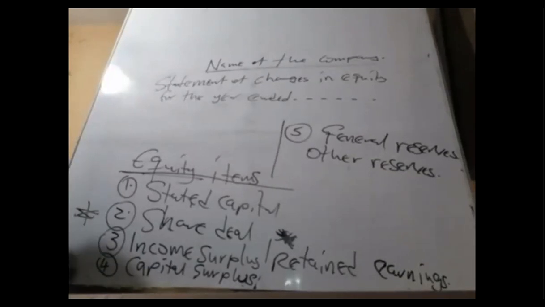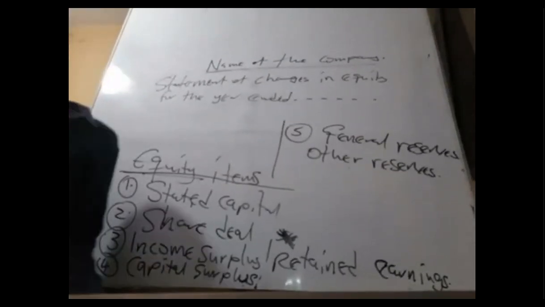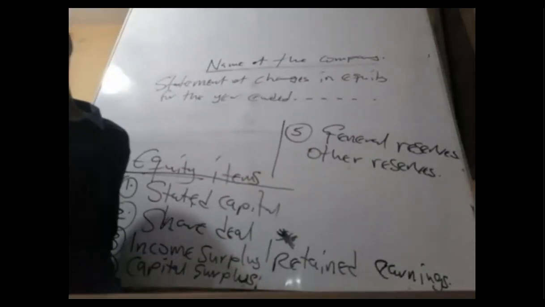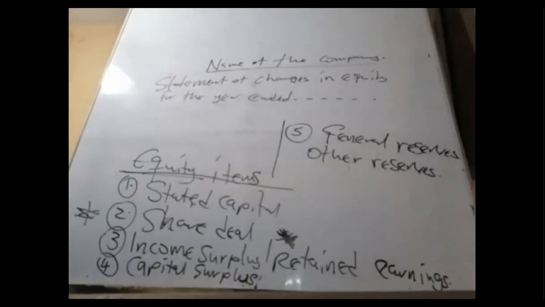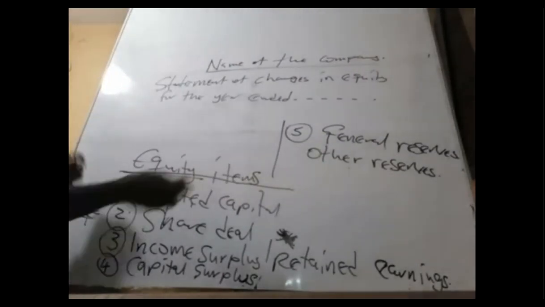When you talk about the statement of changes in equity, it means that from day 1 up to the end of the financial year, January to December, or April to March, the transactions and events within the organization, how will they affect your equity, the owner's capital?